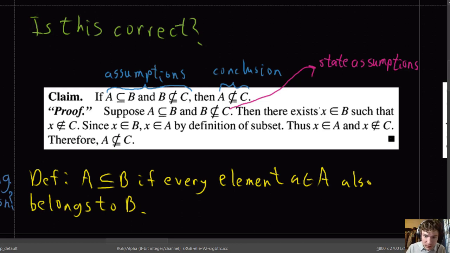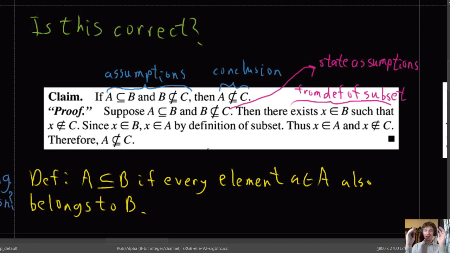This is true from the definition of subset, because we have assumed that B is not a subset of C. So if B is not a subset of C, it is not true that every element of B also belongs to C. So if it's not true that every element of B belongs to C, that means there must be at least one element in B that does not belong to C. You should think about that sentence and convince yourself it's true.